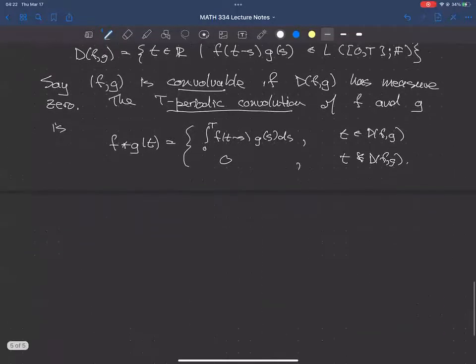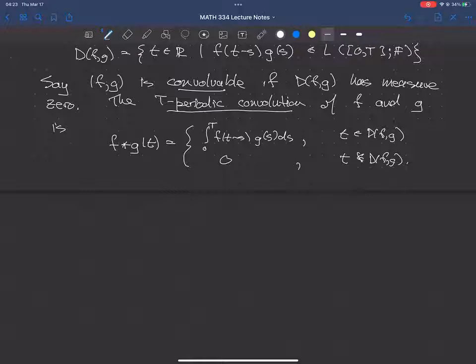And so then you have a theory of convolvable pairs. As I said, the theory looks rather like it does in the aperiodic case, and there's really only one slightly interesting difference that I'll draw attention to.